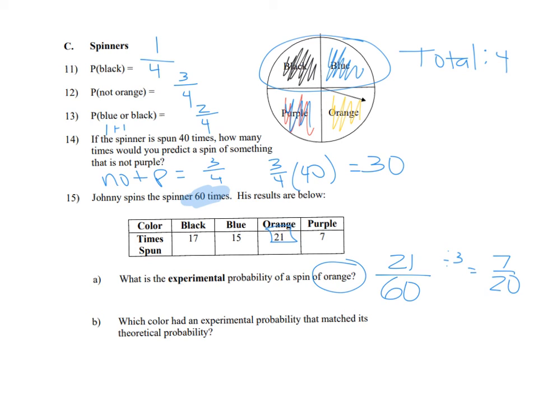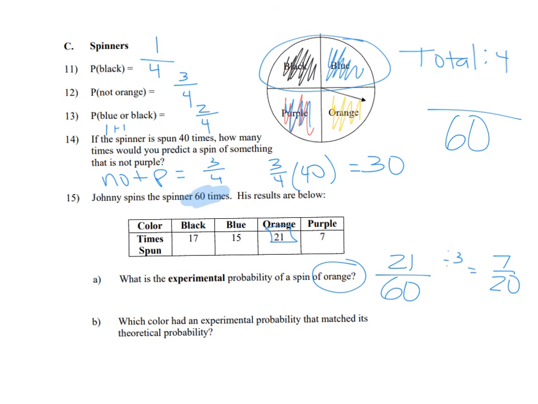And then finally, which color has an experimental probability that matched its theoretical probability? All right, so out of 60, what's the probability of each of them? Whoops, my pen turned off. So if we were to roll 60 times, how many would we expect each of these to be?